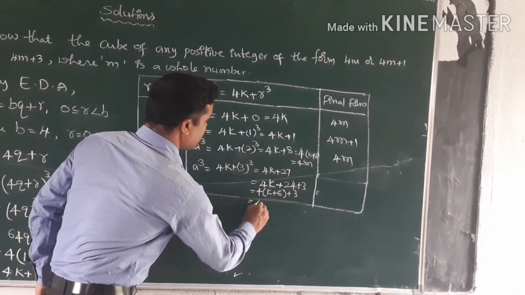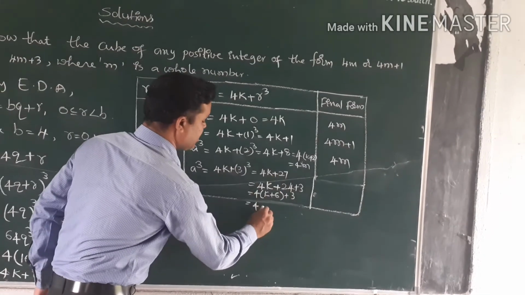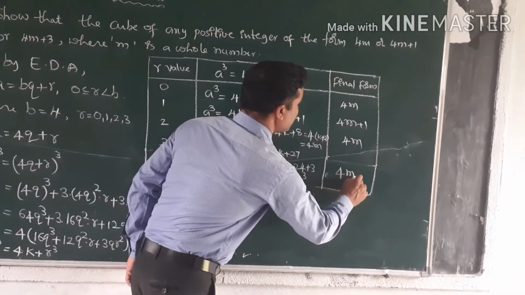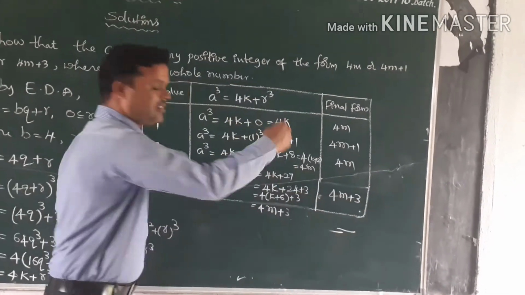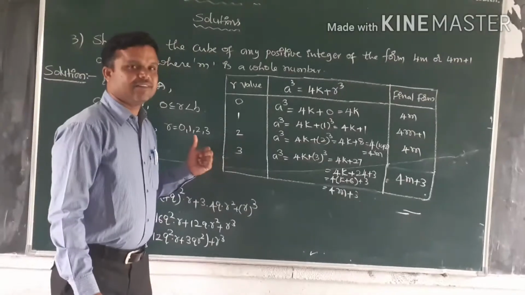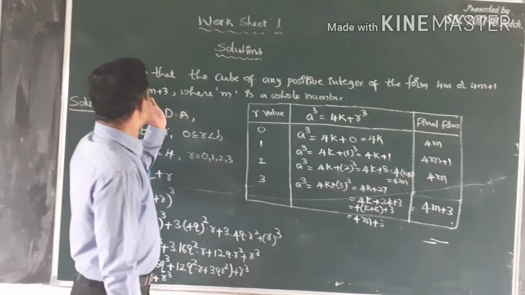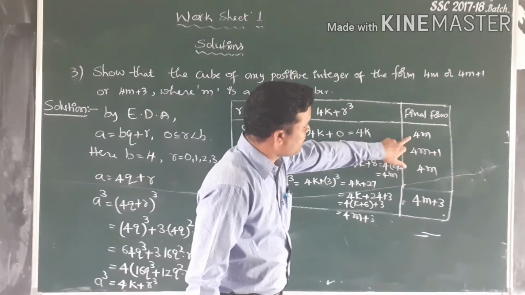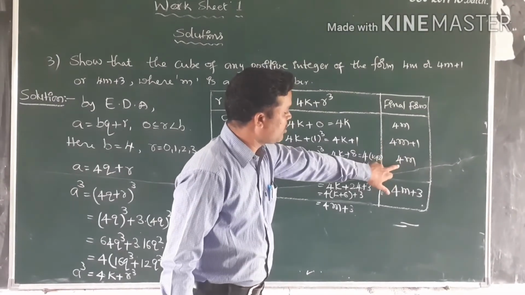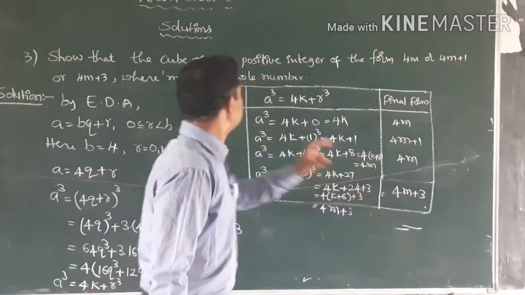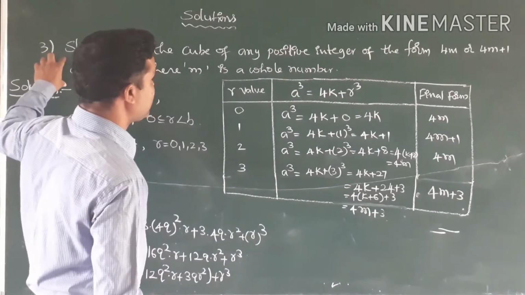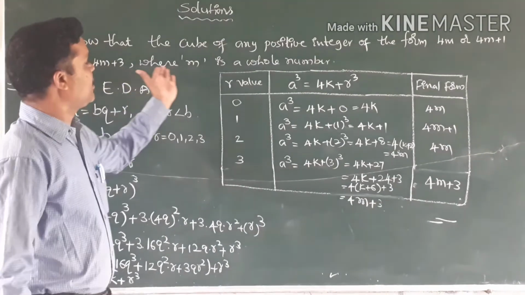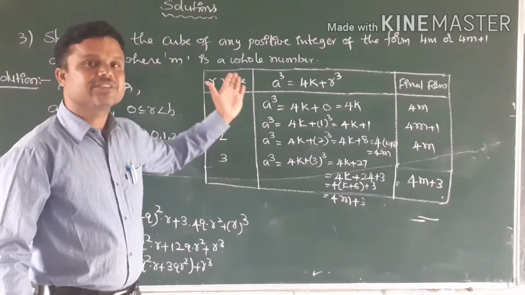So this total term is some letter m, 4m plus 3. Here the general form is 4m plus 3. This is the solution. Therefore the cube of any positive integer is of the form 4m, 4m plus 1, or 4m plus 3 for any whole number m. So this is the solution.